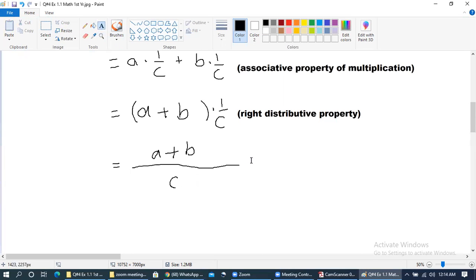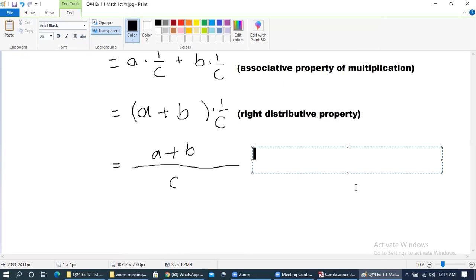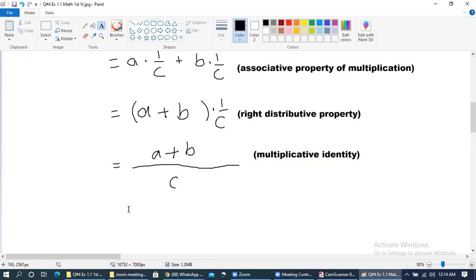Because we are using the multiplicative identity. Hence, we have formed this, and this is the right hand side.